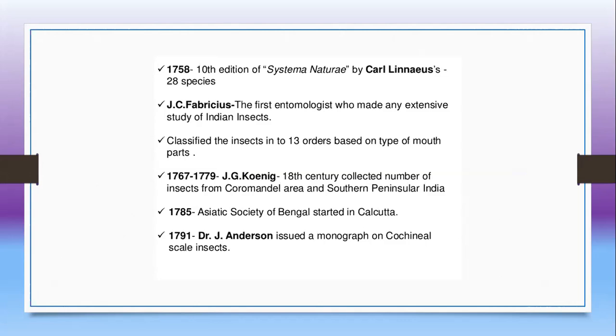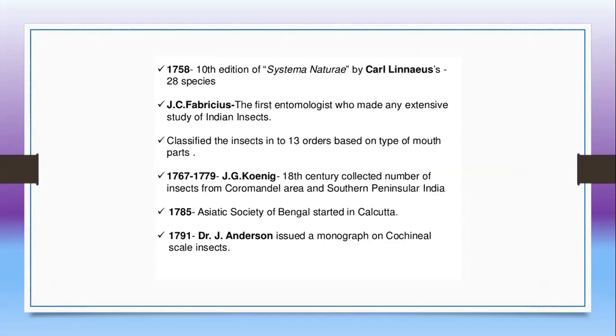In 1767 and 1779, J.G. Koenig, in the 18th century, collected a number of insects from the Coromandel area and the southern peninsula of India. And in 1785, the Asiatic Society of Bengal was started in Calcutta, especially for the insects.